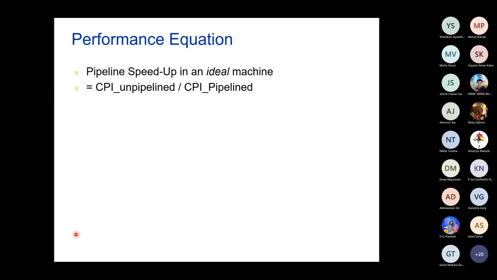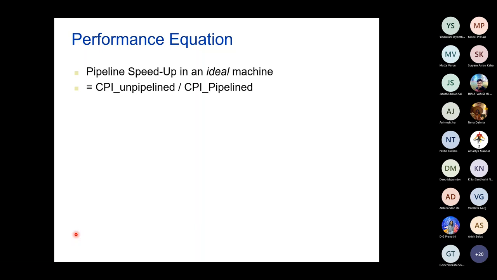So can I write it this way? Now, when I say speedup, it is speedup in comparison with an unpipelined machine. Can I say that it is the average number of clock cycles per instruction for the unpipelined machine divided by the average number of clock cycles per instruction in the pipelined machine?